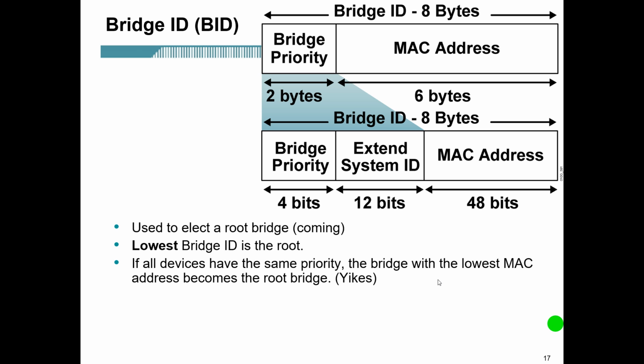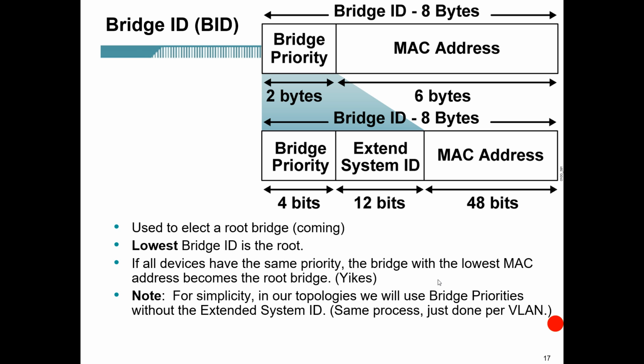So that means if all devices have the same priority, the bridge with the lowest MAC address becomes the root bridge. And that means that's not up to us. That's going to be how the switches do that election. So that's a problem. For simplicity in our topology, we will use the bridge priority without the extended system ID. It's the same process, we're just doing it per VLAN.